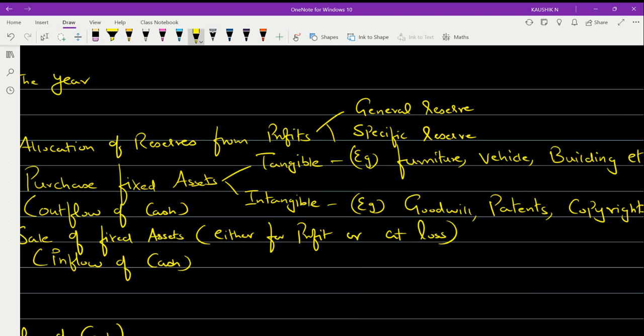And at the same time, when you are going to pay the interest, that also becomes an outflow of cash. So there are certain things: transferring the amount to a general reserve, and then payment of interim dividend, and then proposed dividend, and then provision for the taxes.